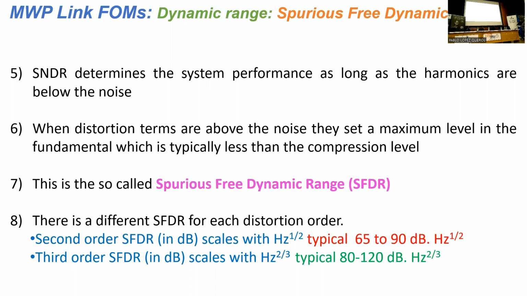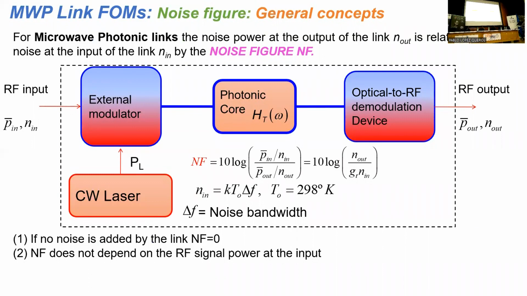Okay, so finally and very fast, noise figure is like in any kind of system. You have a signal to noise ratio here at the input, and a signal to noise ratio at the output, and the noise figure is the logarithm of the ratio. But because we already know that P out divided by P in is the link gain, if we know the link gain, then we only need to know what is the input noise at the system's entrance, which is usually thermal, and the output noise.